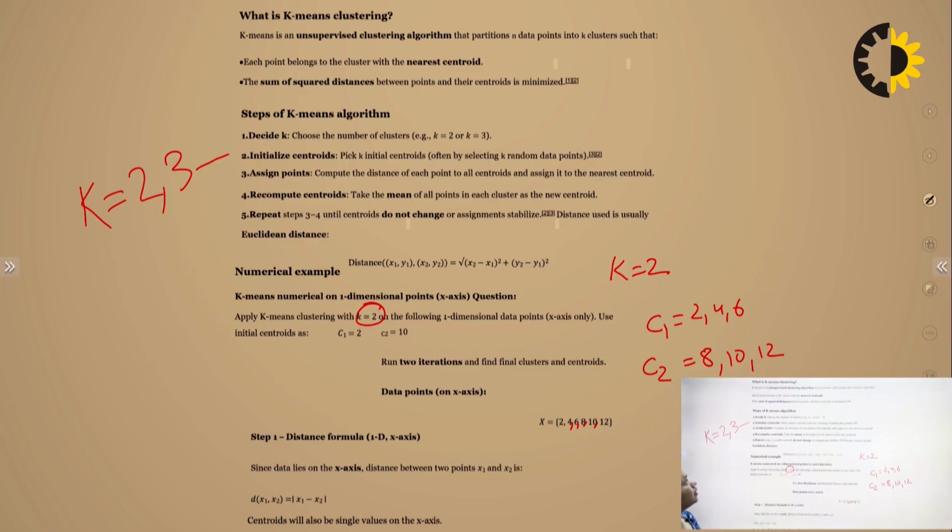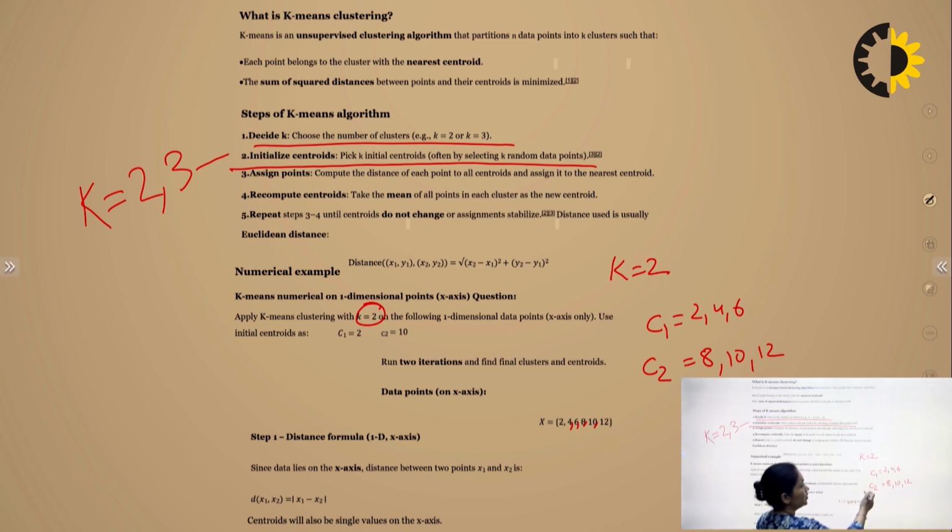Now first we will choose the number of clusters. Here it is 2. Then we need to find the centroid. When we start making the cluster, we pick the centroid randomly. It can be anything, you can take 2, 4 or 6, any element from the given data set.